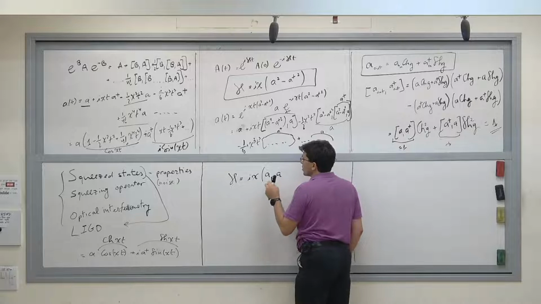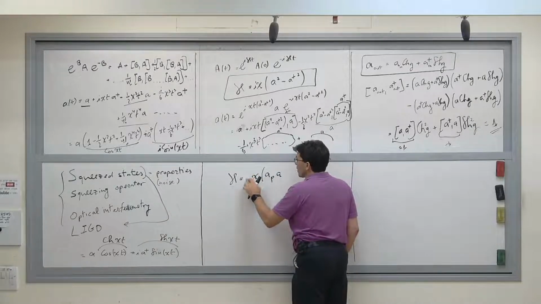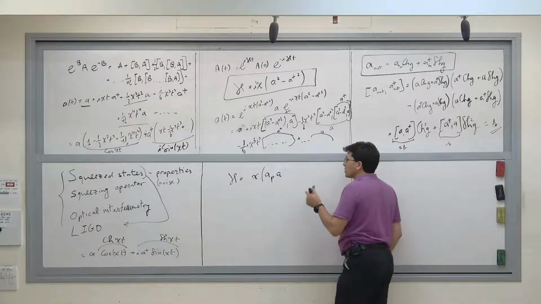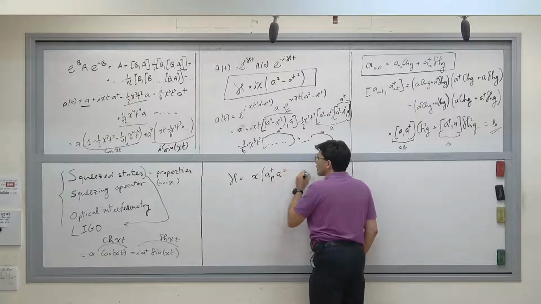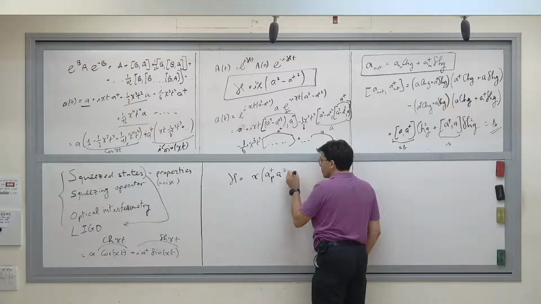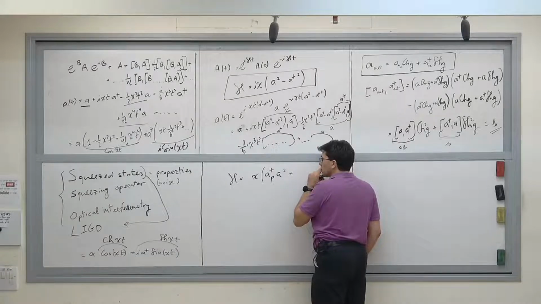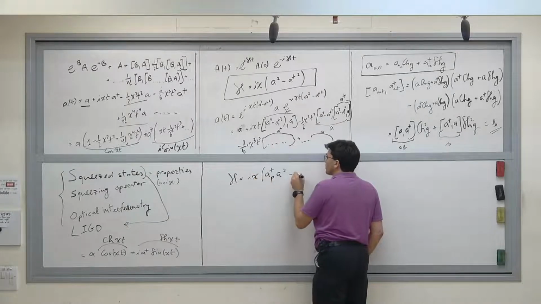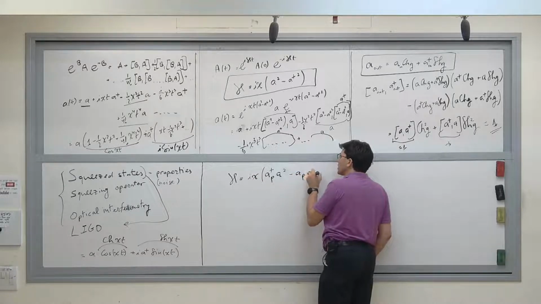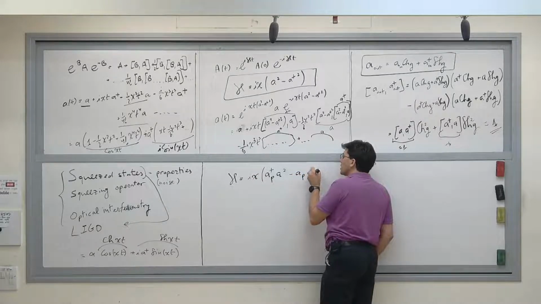Or I'll explain in a moment. A pump dagger a squared plus, or let's see, that would be alpha. Minus, and we'll keep here the i. A pump a dagger squared.